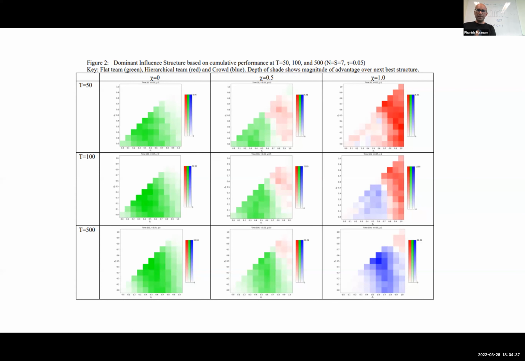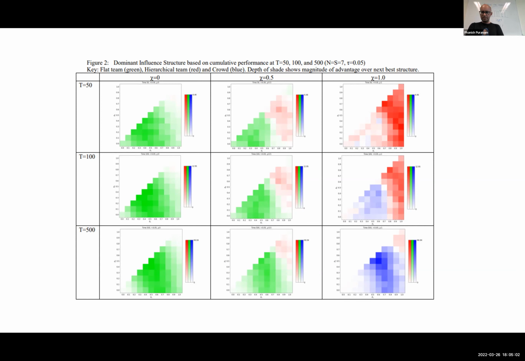Okay, so this is really packing a lot of information into one graphic. So that's why I'm explaining it step by step. So the x-axis is delta 1, y-axis is delta 0. The depth of the color is telling you the performance advantage over the next best structure. Okay, so it's telling you which of the structures wins in which space. The columns are telling you 3 values of chi. So chi is 0 is the pure search world, parallel search world.